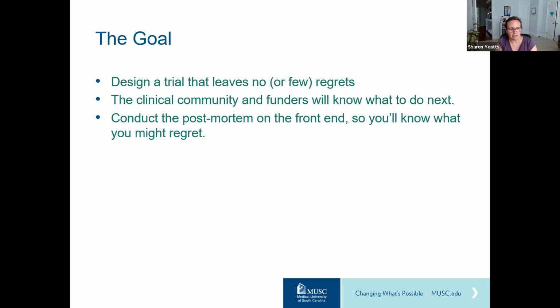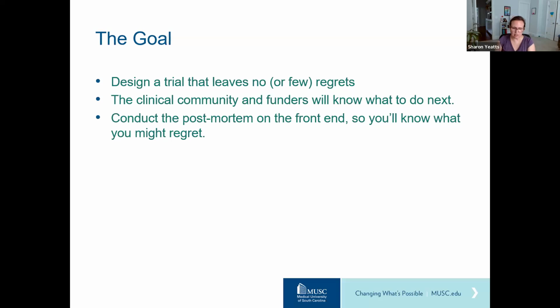And I want to give credit where credit is due. This concept of the postmortem, I have stolen from Will Moyer and Bill Barson, who I work with pretty regularly. This notion that at the end of the day, we want to have a study where we get a conclusion. The conclusion is definitive enough that the clinical community, for the most part, will know what to do next, right?